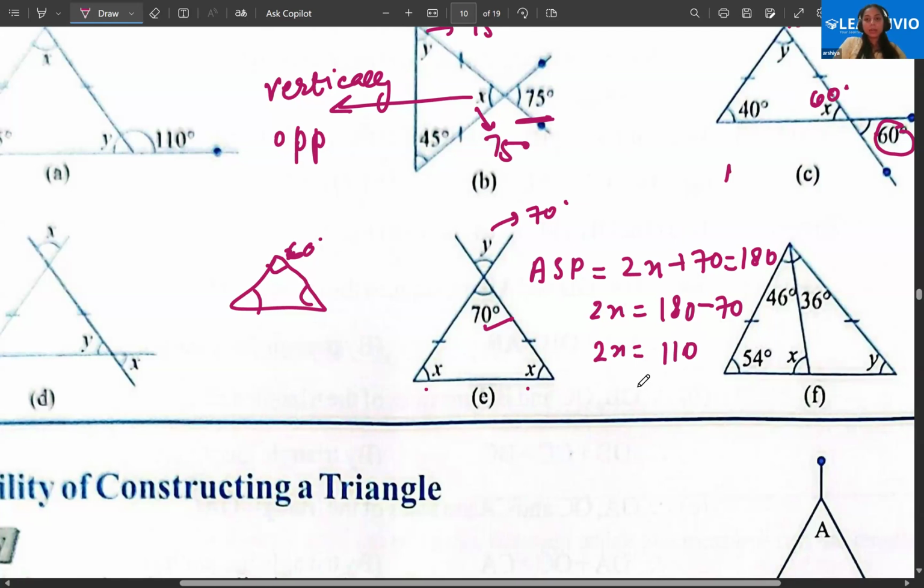Okay, so now x will be equal to 110 divided by 2. So how much will that be? It's going to be 55. Very good. 55. Getting the same answer, Jenna? Yes. Okay, so if one x is 55, because both of them are x, the value will be the same, and also because they are marked as same.